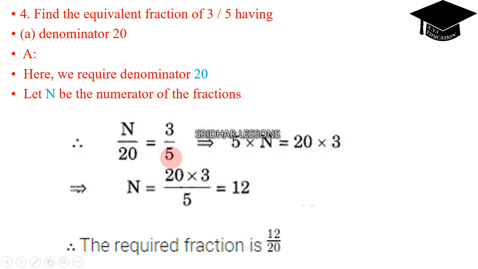Here we will cross multiply: 5 into n is equal to 20 into 3. Therefore, n is equal to 20 into 3 by 5. 5 cancels 20 four times. 4 into 3 is 12. Therefore, the required fraction is 12 by 20. Observe carefully.